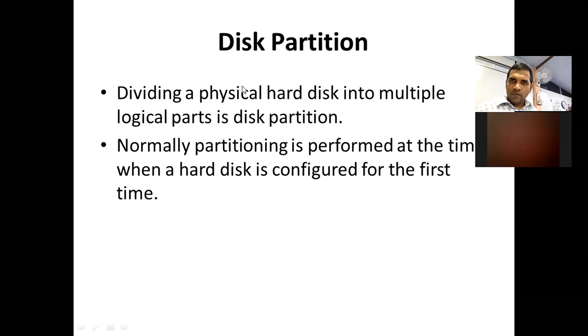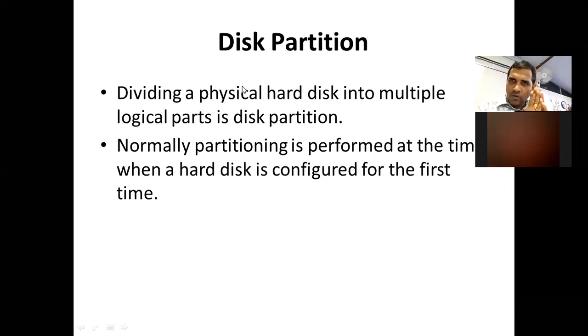I repeat it. We have one hard disk in our computer, one physical hard disk. To get some benefits, we divide that single hard disk into multiple parts, right? This action, dividing a single hard disk into multiple logical parts, is called disk partition. Try to understand the term logical.